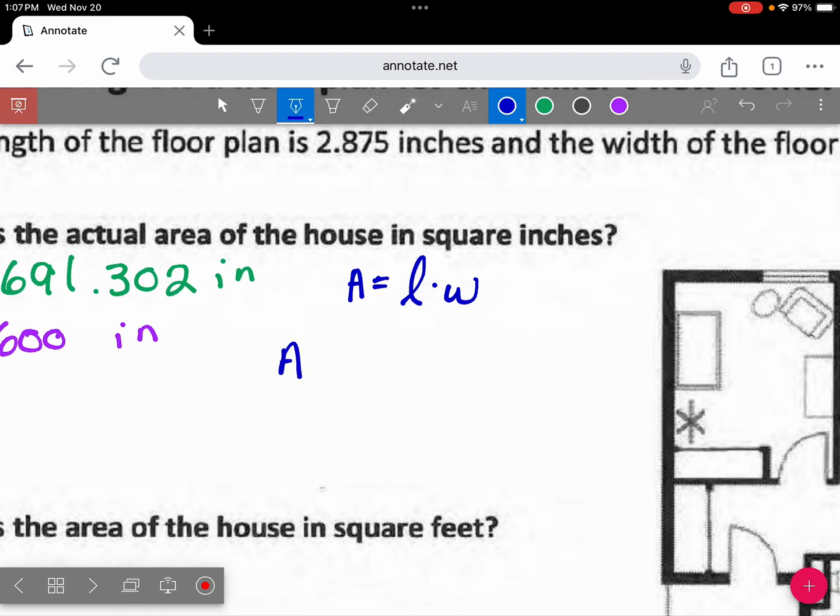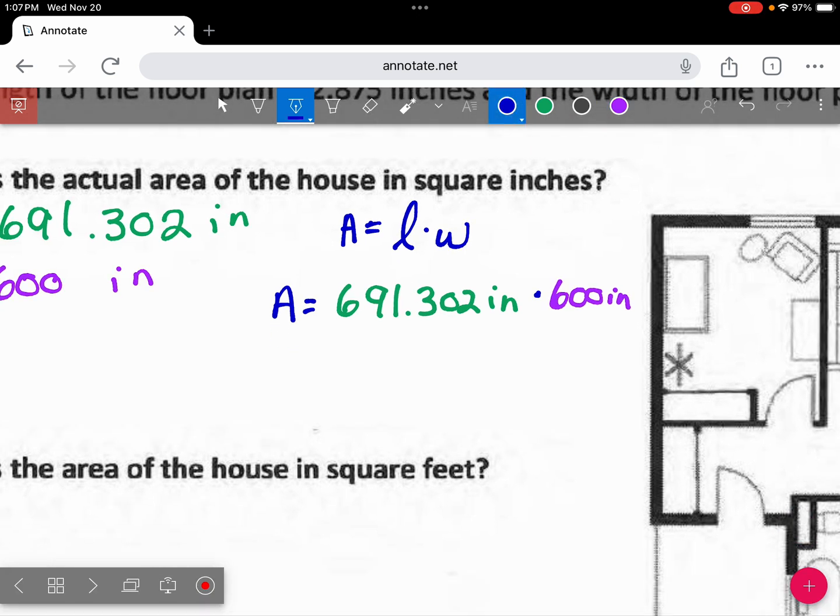So our area, we're going to take our 691.302 inches, and we're going to multiply it by our 600 inches. So what is the area of our house?